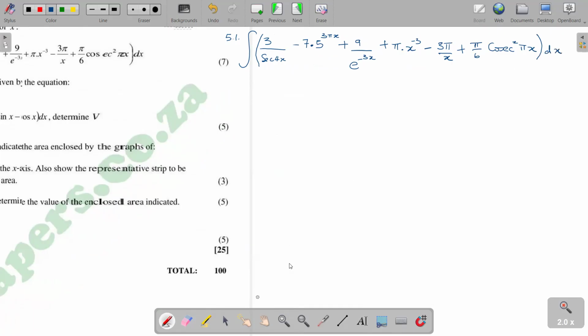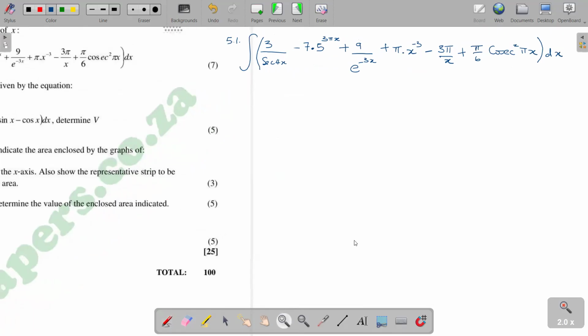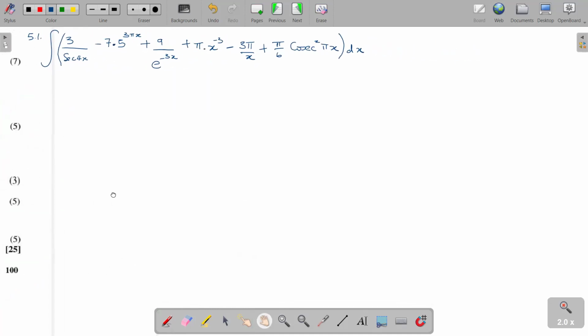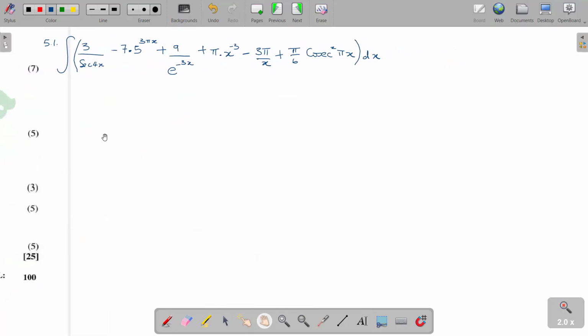We are doing that with respect to x. So take note, that is what we are required to integrate. To integrate that, you need to simplify this expression. So to simplify that expression, we go to the first term. We have sec. We know sec theta is equal to 1 over cos theta.